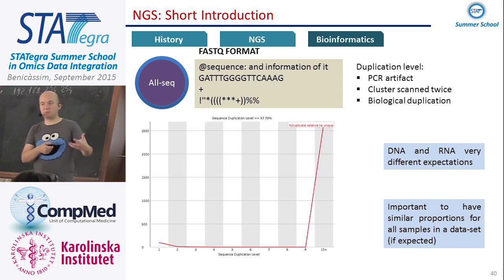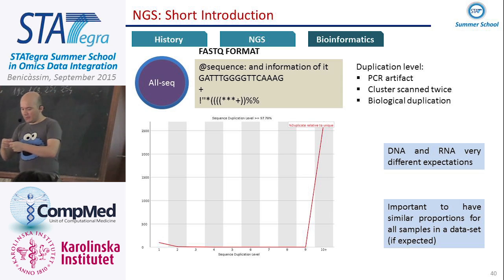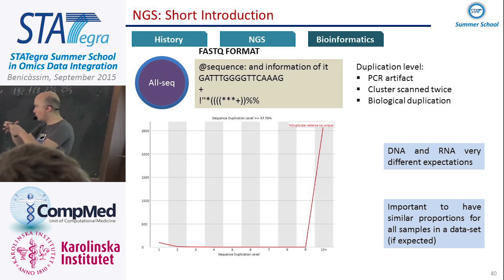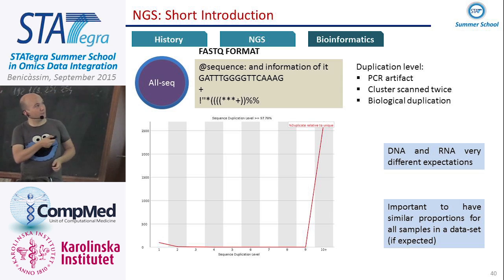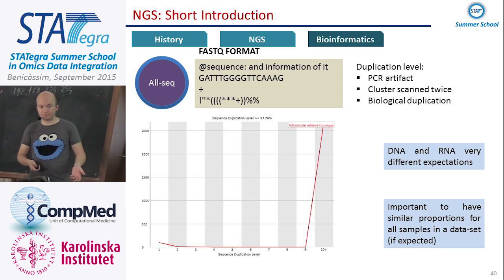You can have the cluster scanned twice, sometimes if the clusters are coming really close by, or it can be an issue separating them, or it identifies two and it's just one. There are ways to try to identify those things. But it also can be a biological duplication.